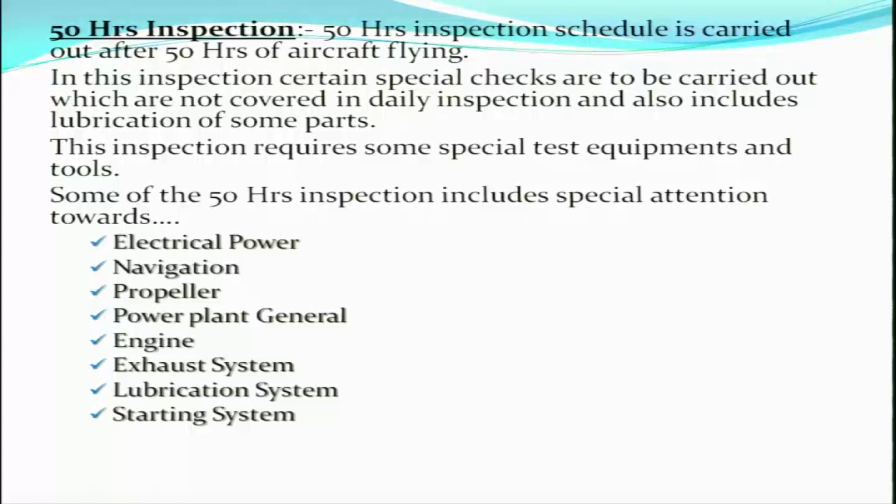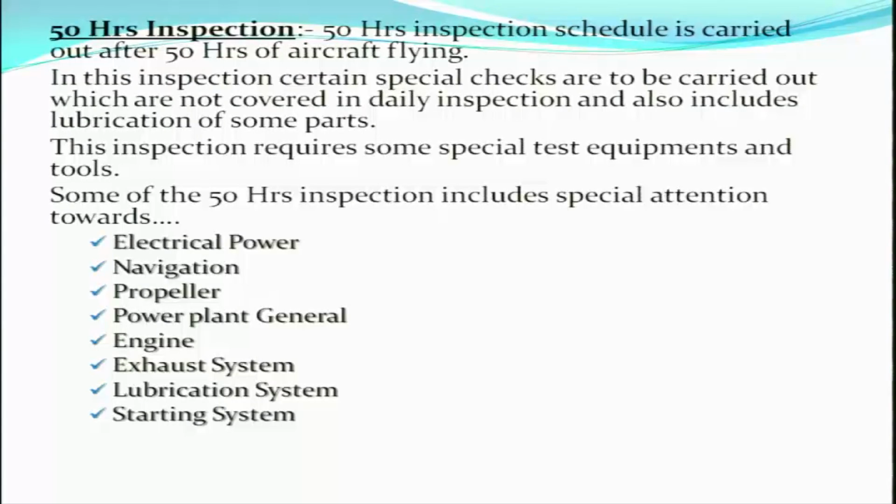This is carried out after every 50 hours of aircraft flying operation. This inspection involves certain special checks which are not covered in daily inspections. This also includes lubrication of some parts. This inspection requires some special test equipment and tools.